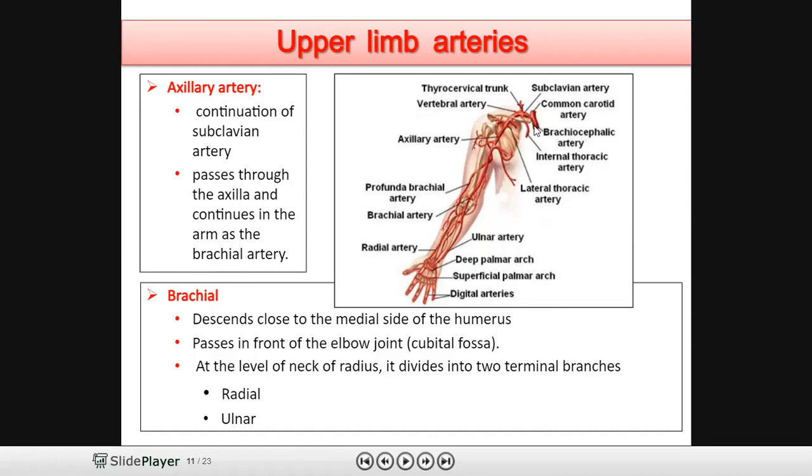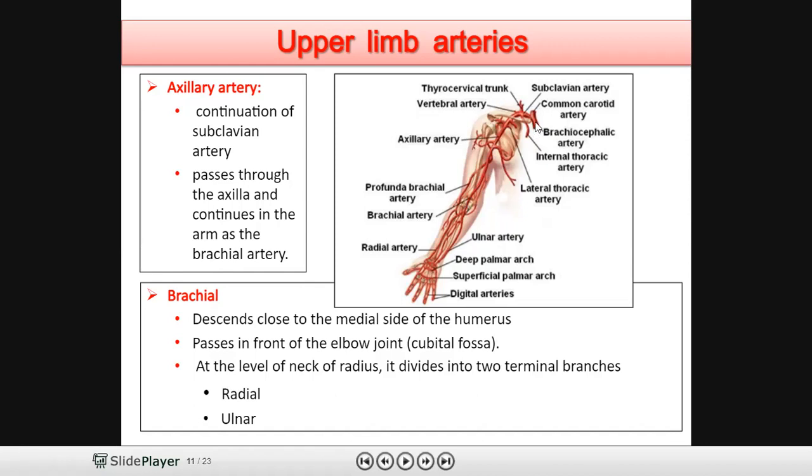The brachiocephalic artery was formed from the aortic arch. The aortic arch was formed from the ascending aorta. And the ascending aorta begins from the left ventricle of the heart. So you see the whole continuation of the artery. The same aorta that left the left ventricle of the heart is what is coming down to become the brachial artery at this point.